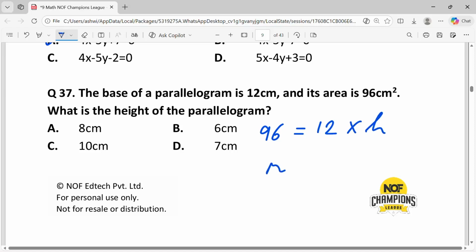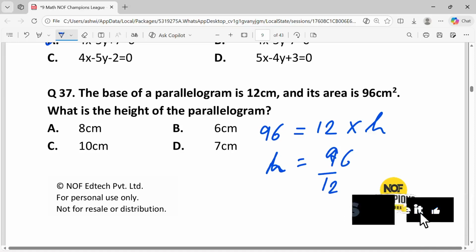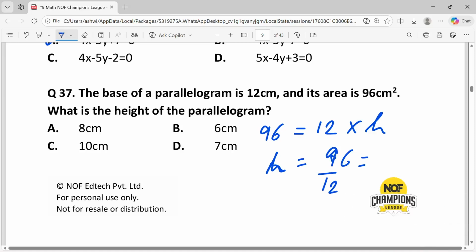So h is equal to 96 upon 12, that is equal to 8. That is option A.